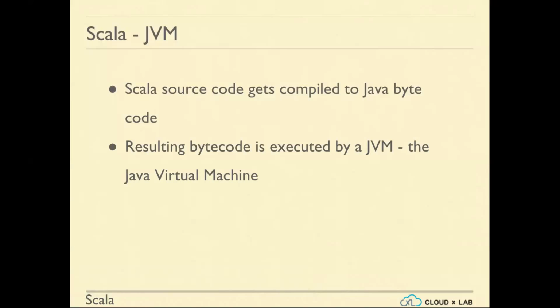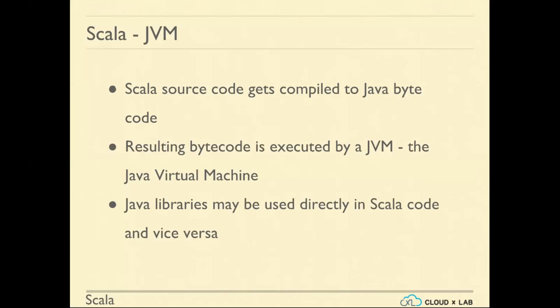Okay, so yes, when you compile the Scala code, it generates a .class file. We are going to show you that today. You can also use the Java libraries. Java, just like any other programming language, is basically the most popular language in the enterprises.